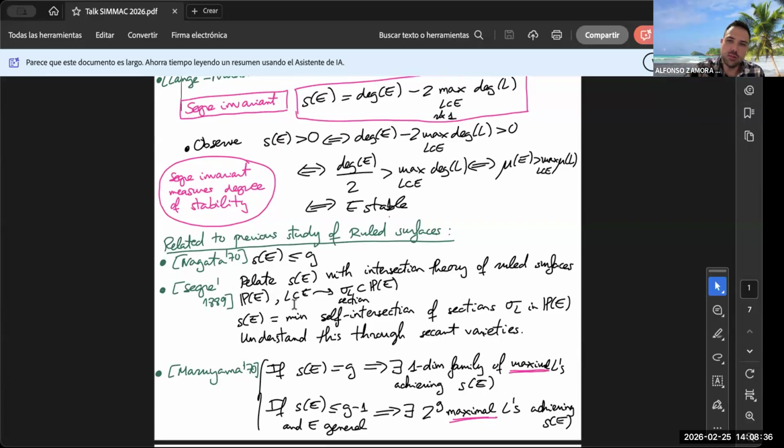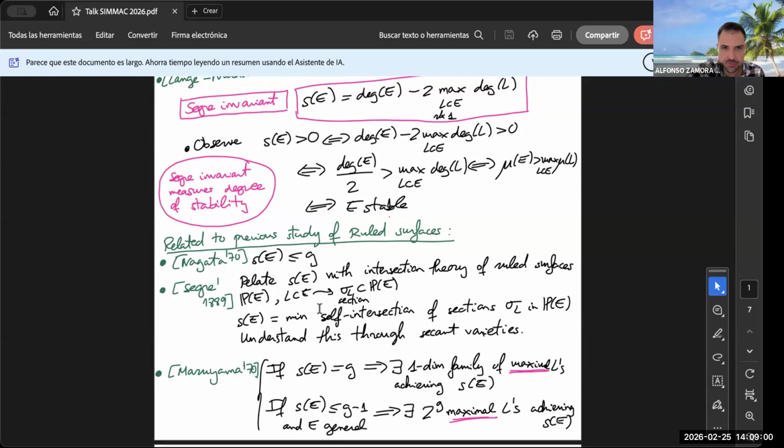We know that the projectivization of a rank 2 vector bundle is a ruled surface, and line subbundles correspond to sections of this ruled surface. Then he studied the self-intersection, and the numbers occurring as self-intersections of sections in the ruled surface. He understands these numbers and their geometry through secant varieties.